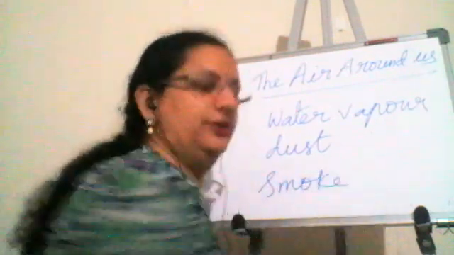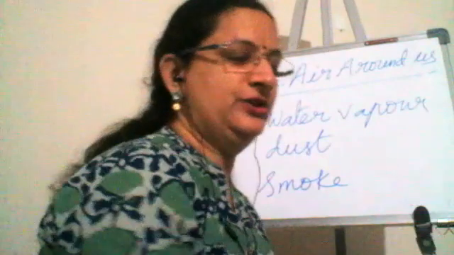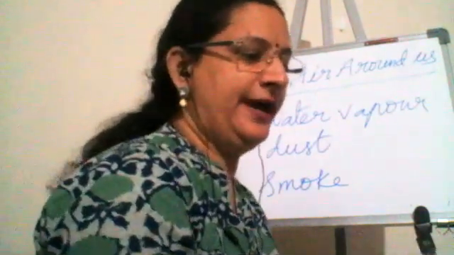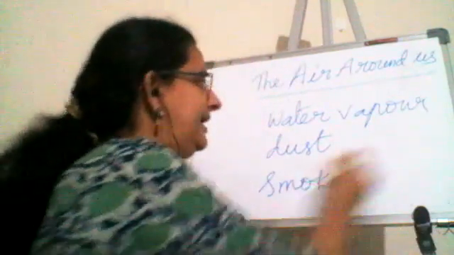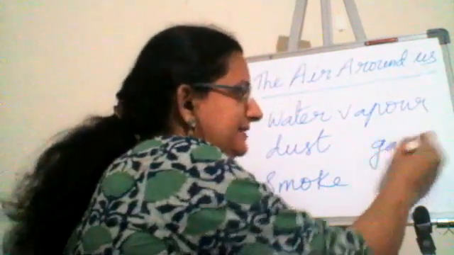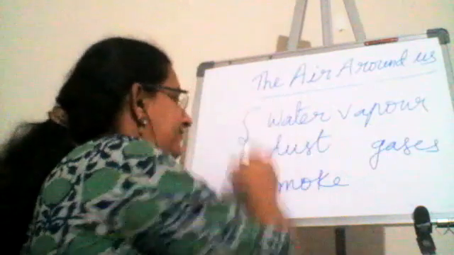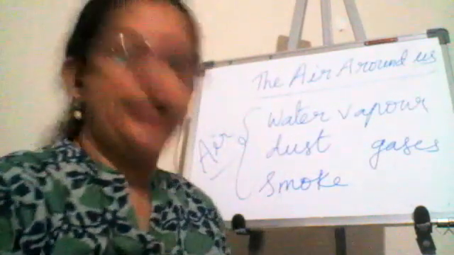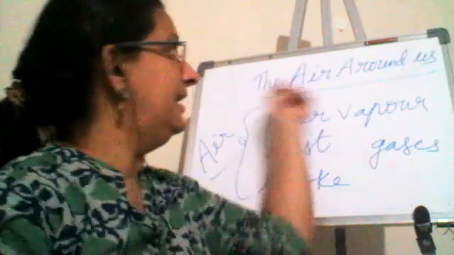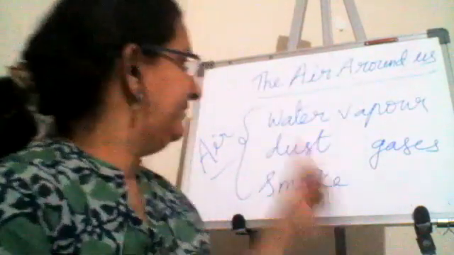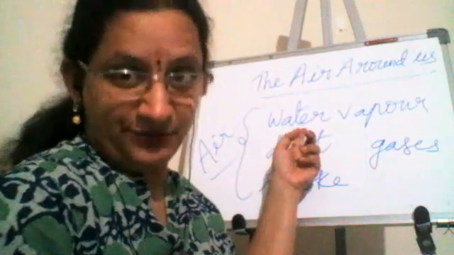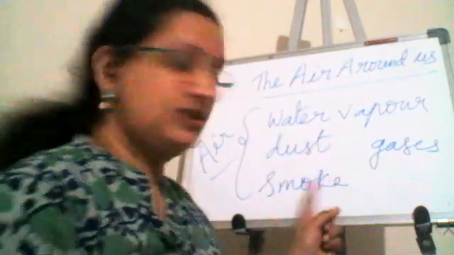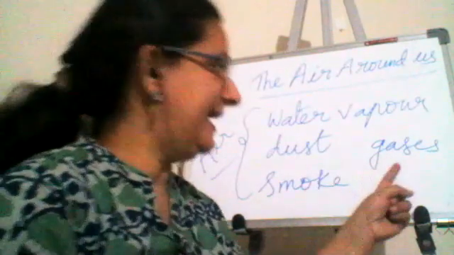And then smoke. A lot of smoke is also going into the air. And we have many gases present in the air. So what is the air around us containing? The air around us has water vapor, dust particles, smoke and gases.